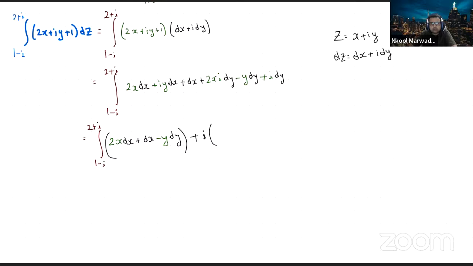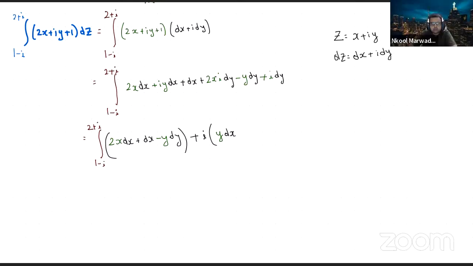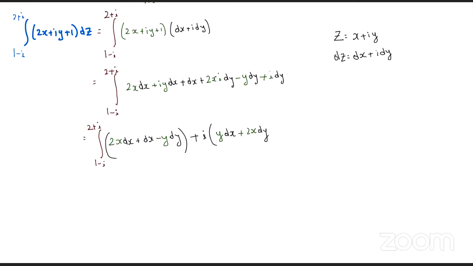So y dx, imaginary part into y dx, then 2x dy, dy, then i dy.